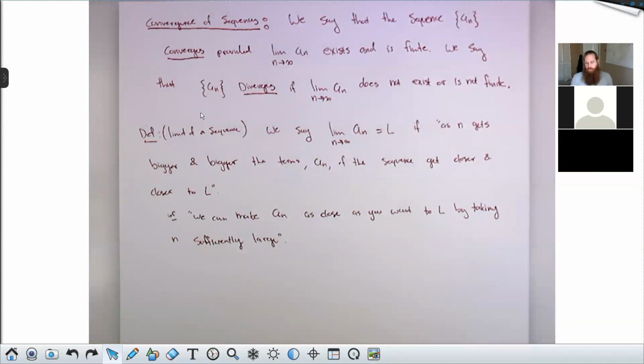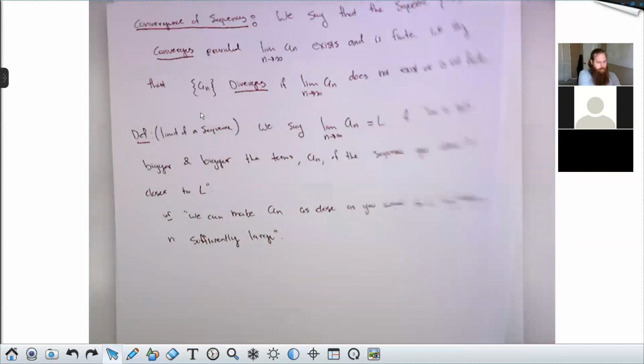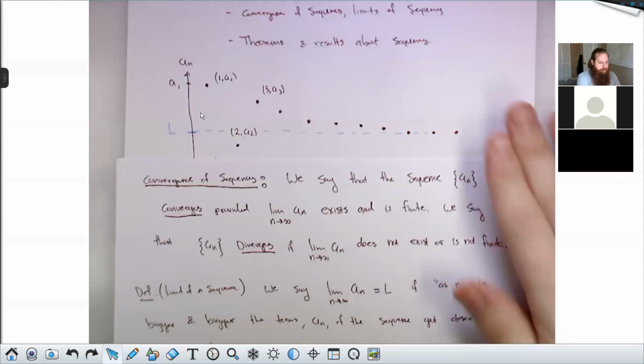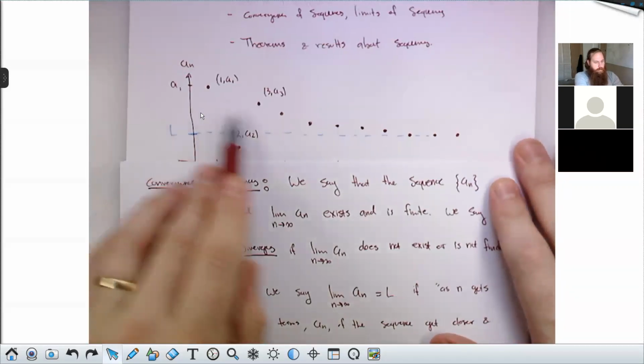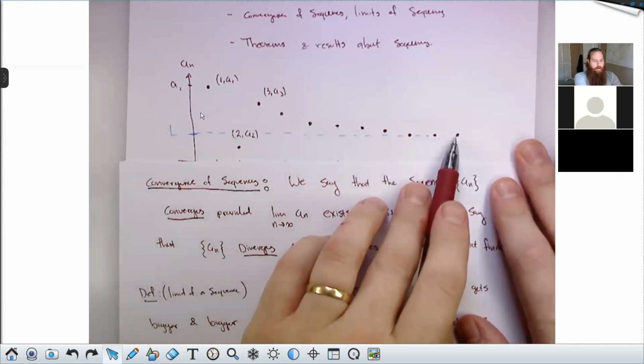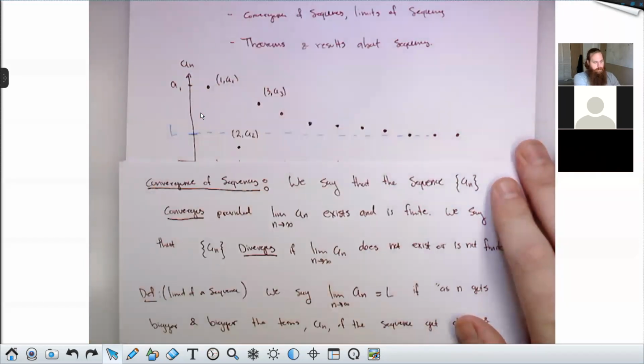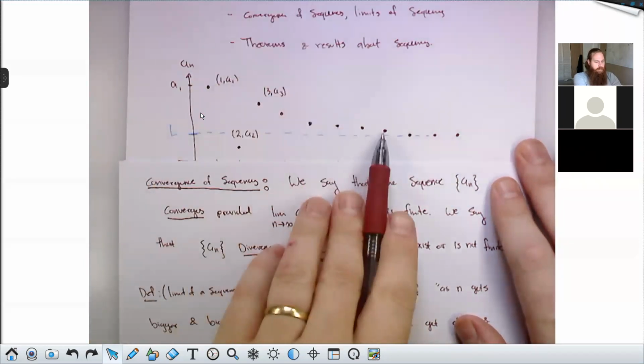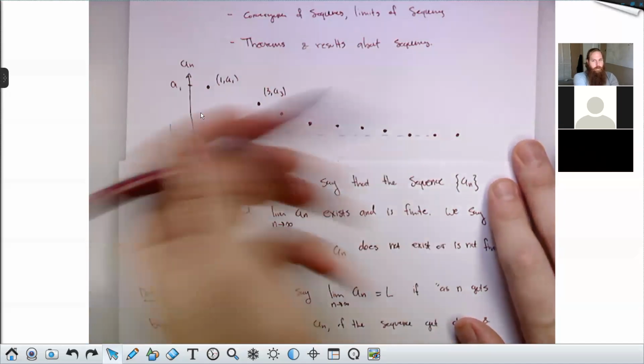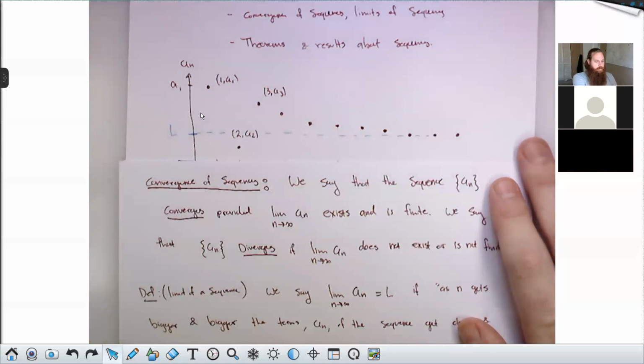These are both intuitive phrasings of a rigorous definition that I'm going to give you in a minute. Well, the picture here is the one that I drew on the previous page. Here, the terms of this sequence, these dots, are getting closer and closer and closer to L. And they're staying close. So I would say, I can make these dots as close as you want to L just by going far enough to the right, by taking n sufficiently large.